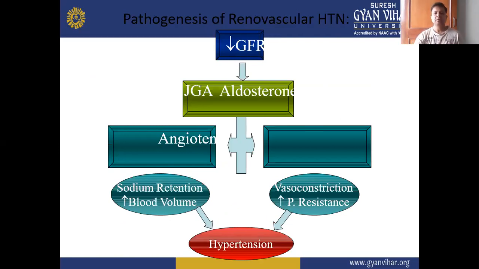Now, let's discuss the pathogenesis of renovascular hypertension. Through this chart, we can see that when the glomerular filtration rate goes down, the juxtaglomerular apparatus is activated, which causes angiotensin that increases sodium retention and increases blood volume.